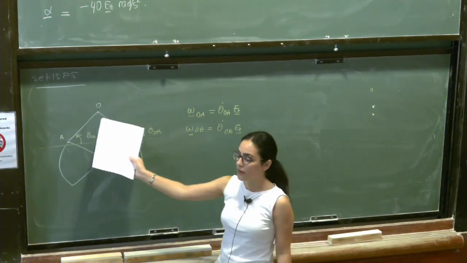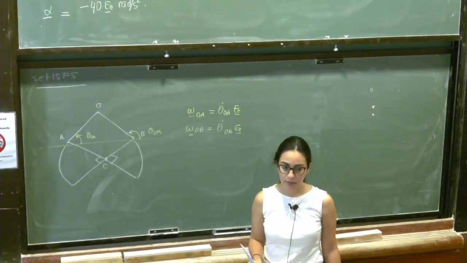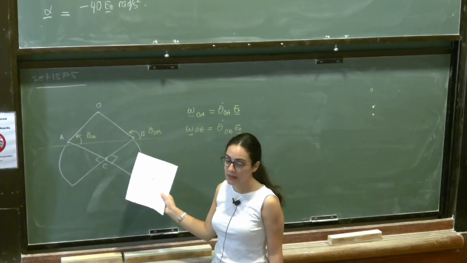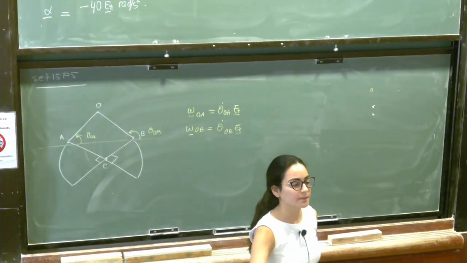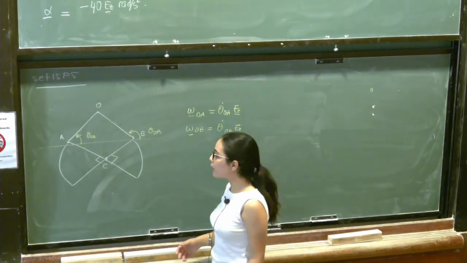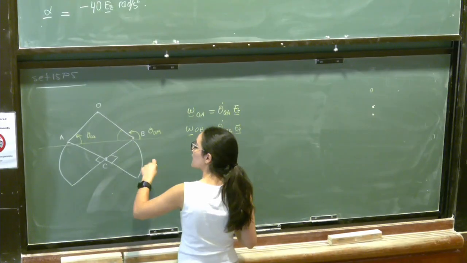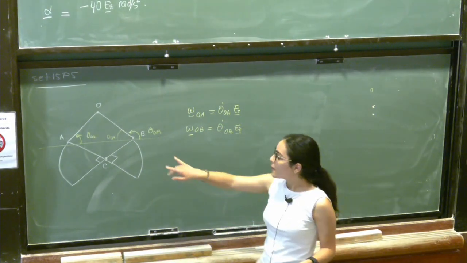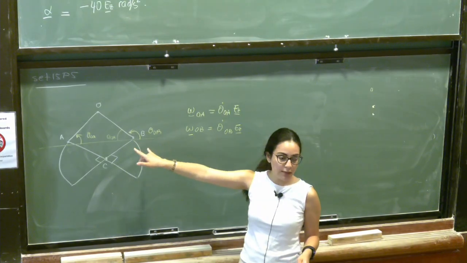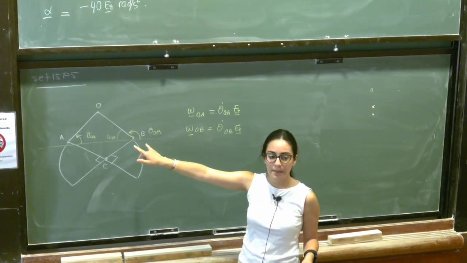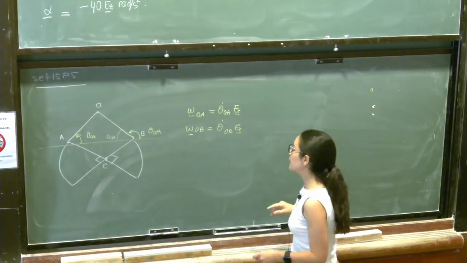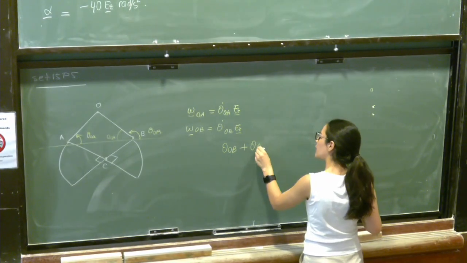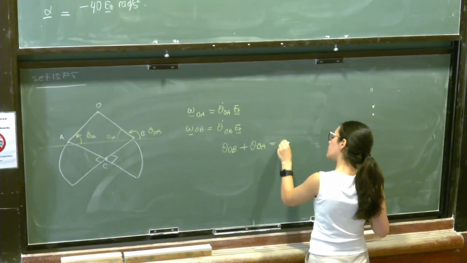These two lengths are equal. So what kind of triangle is OAB? It's isosceles. So the base angles are equal. So this is equal to theta OA, right? So theta OA plus theta OB is equal to what? Pi. Theta OB plus theta OA is equal to pi. Do we see that?